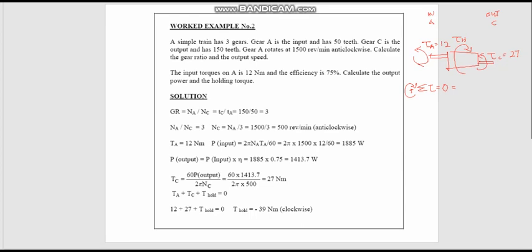So with that, we have minus tau A because it's counterclockwise, plus tau H, minus tau C. So TH, the holding torque, is equal to tau A plus tau C, and this is equal to 12 plus 27, which is 39 Newton meter, and the direction of the torque is clockwise because it's positive.